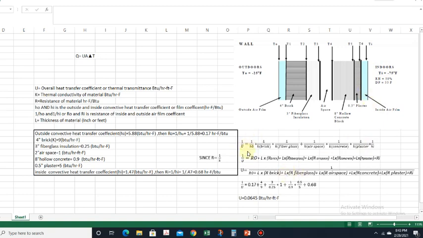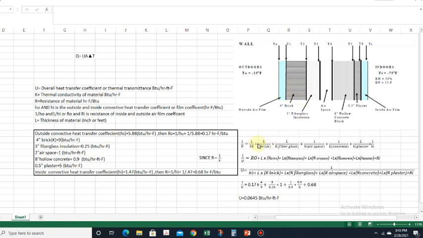And we have how to find the heat transfer of each layer here, that is length by the conductivity of the same material. For example, here we have brick, so the width of the brick by the conductivity of the brick.